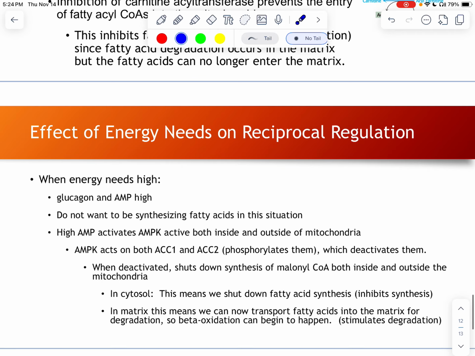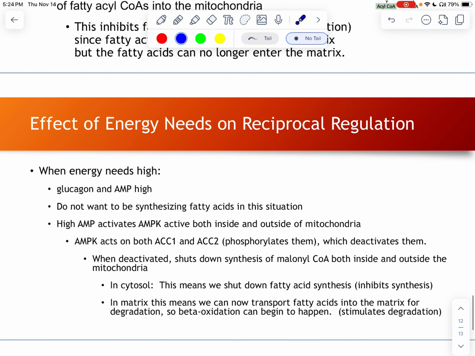All right, so let's think about the effect of energy needs on this reciprocal regulation. When energy needs are high, we'll make glucagon. We'll have glucagon, we'll have high levels of AMP. We do not want to be synthesizing fatty acids then. So that high AMP will activate that kinase, or the glucagon will activate the kinase, both inside and outside the mitochondria.